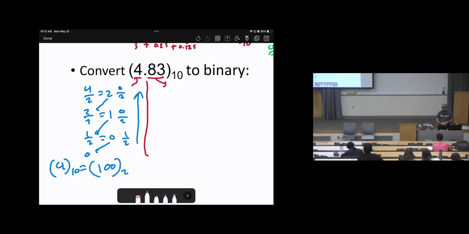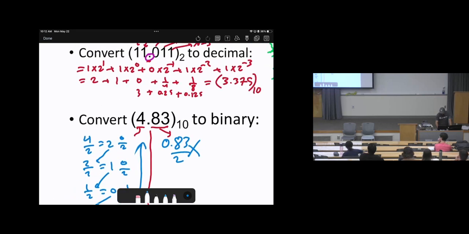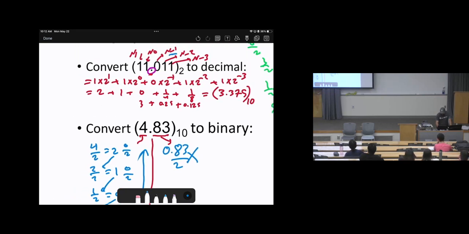You agree? Okay. Now, the challenge or the difference is in the next half, which is 0.83. Again, this is the only case where I can isolate each part. Otherwise, I cannot isolate it. So here, it's incorrect to say divided by 2. Don't use this. What should I do? Multiply by 2. Why are we multiplying, not dividing? Because remember that we have a negative power when we calculate the index.